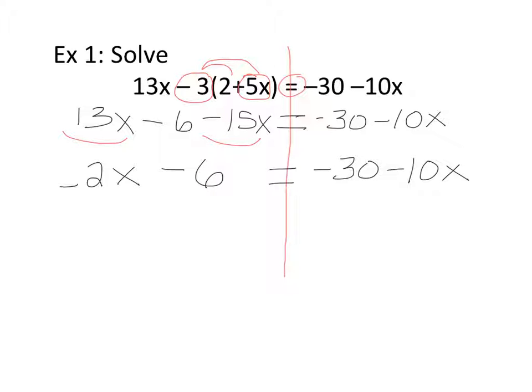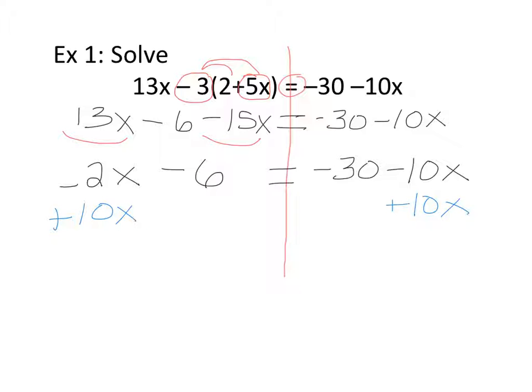It doesn't really matter which one you move, as long as you use the idea of undoing addition or subtraction, and doing the same thing to both sides. I'm going to choose to move the negative 10x. To undo a negative 10x, I will add 10x to each side.